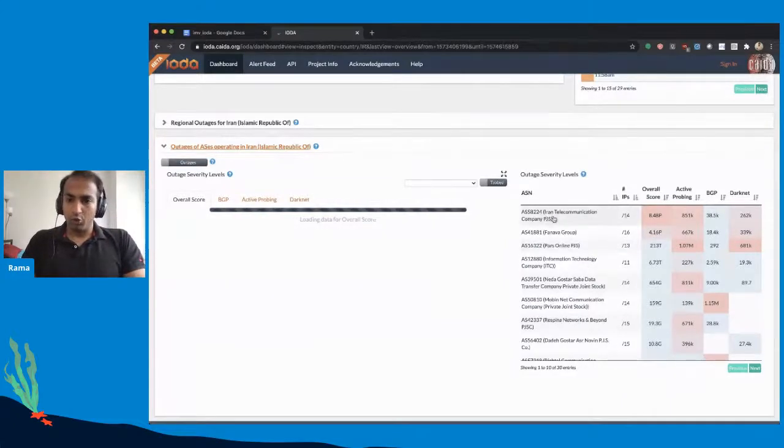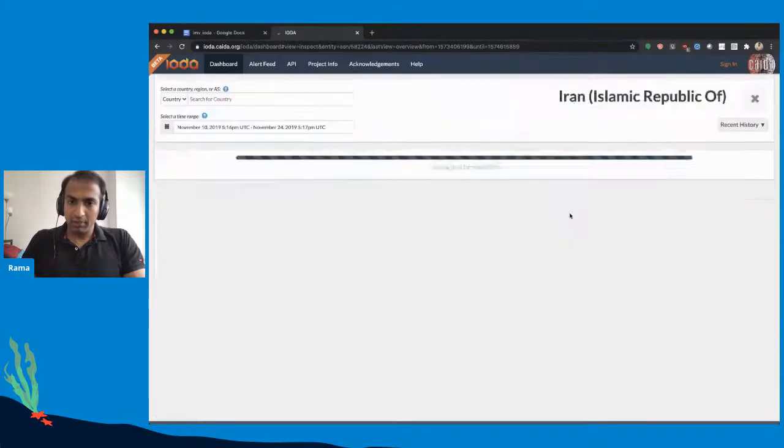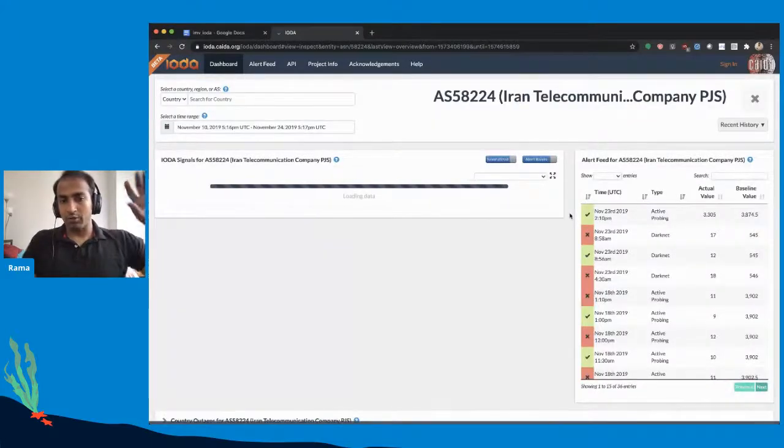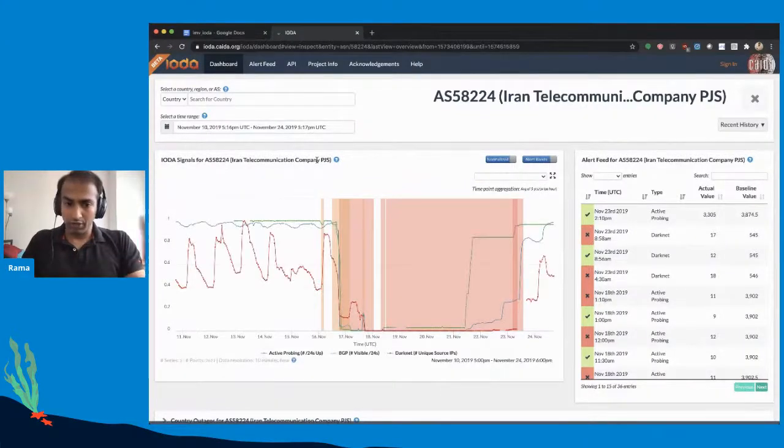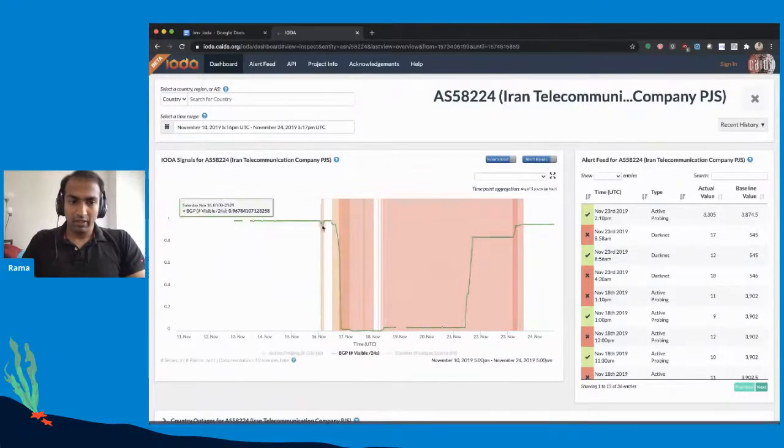And again, like before, clicking on one of these ASs, it's going to zoom in to the signals just for this particular AS. So this is for AS 58224, Iran Telecommunication Company, which is one of the largest internet service providers in Iran. We see all 3 data sources. So BGP, there's a significant drop at around November 16, 1800.